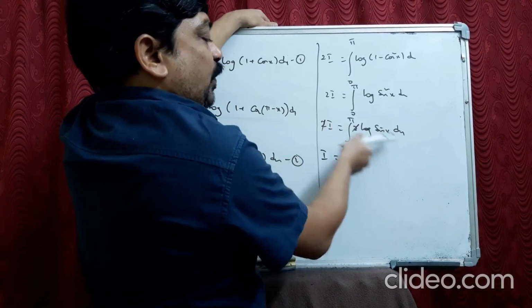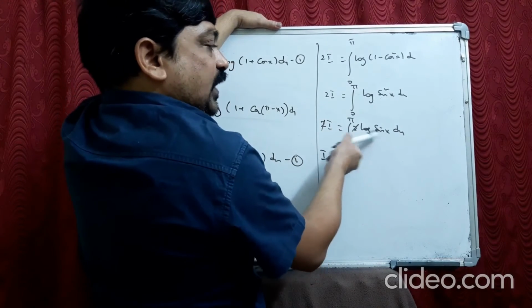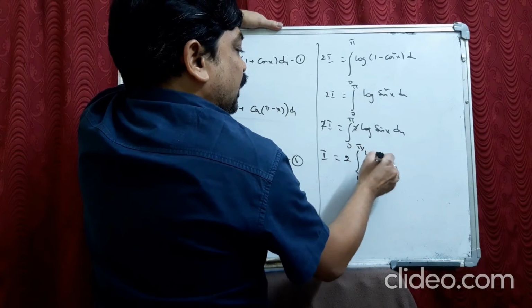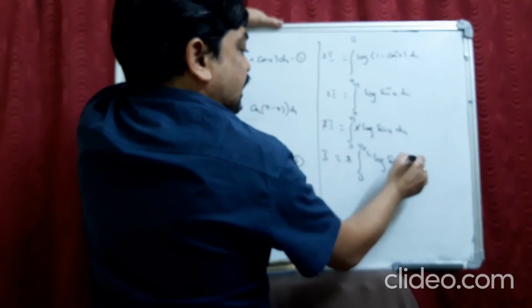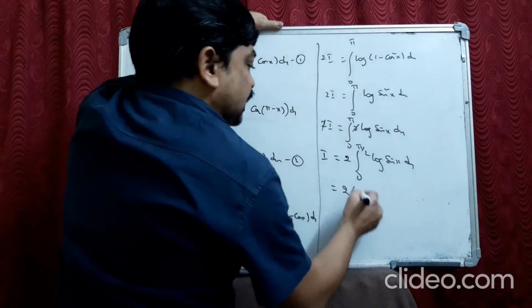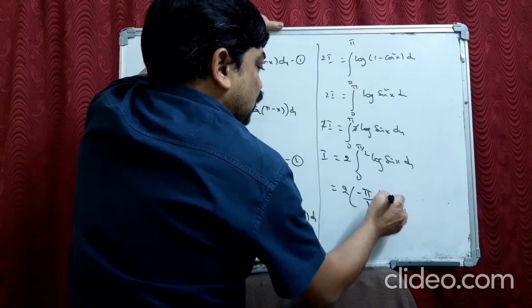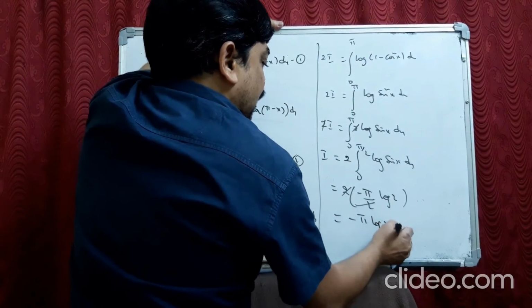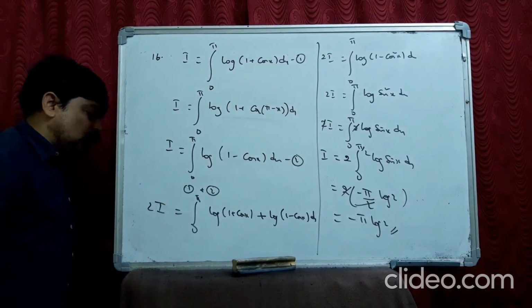Now when you apply the property pi minus x again, you will get log sin x only. So 2 into 0 to pi by 2 log sin x dx. We have a formula for integration 0 to pi by 2 log sin x. It is minus pi by 2 log 2. You can cancel this. The answer is minus pi log 2.